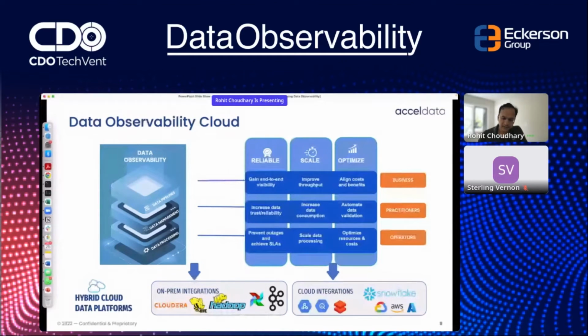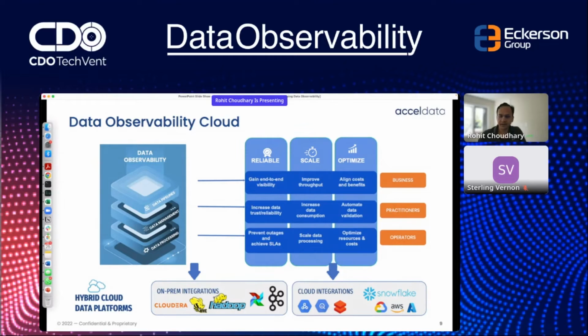And today we are at a stage where we have the ability to integrate with large on-premise data sources, and cloud integrations with the most modern ISV producers or different kinds of technologies that people are choosing on the cloud, but also in a very comprehensive, multi-dimensional way, which is that you have the right set of operational metrics available for operators, who can prevent outages and achieve SLAs in the way that they imagined and wanted, scale their data processing, and optimize resources and costs.